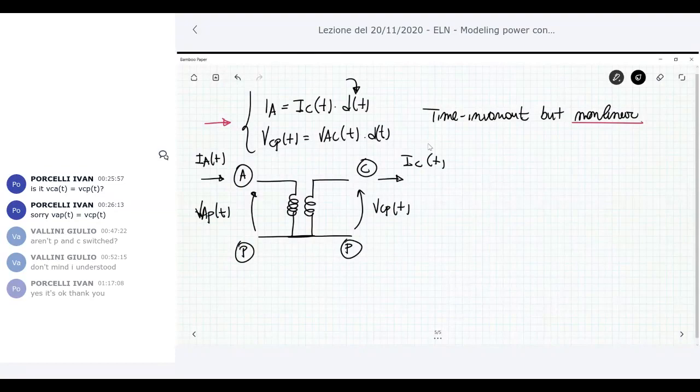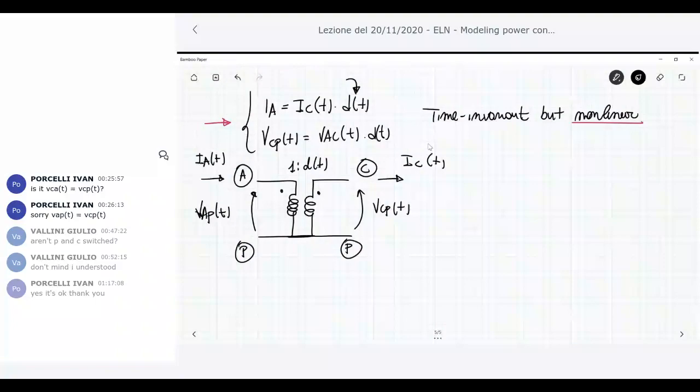Which is the turn ratio is the variable duty cycle as a function of t. Is this kind of circuit a real transformer, or is it not a real transformer? If you look in detail, of course, this circuit is just a mathematical abstraction to model the two sets of equations. Okay, because it's like the same relationship that you can have in a real transformer.